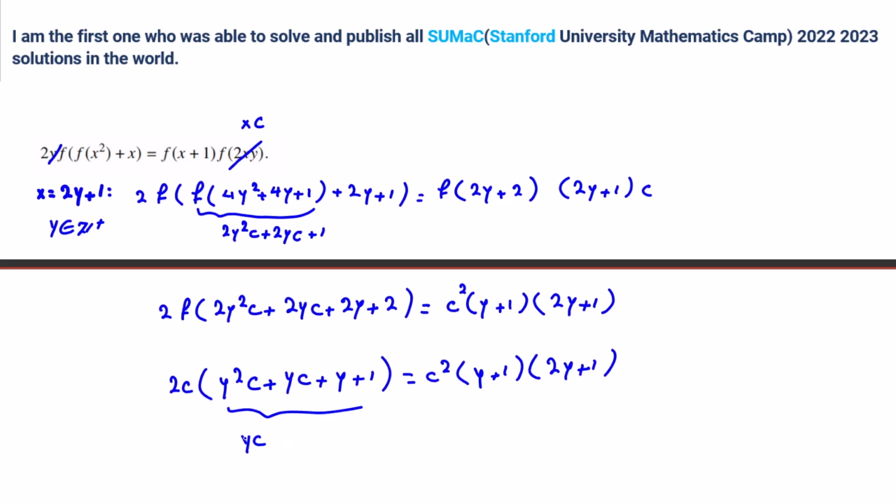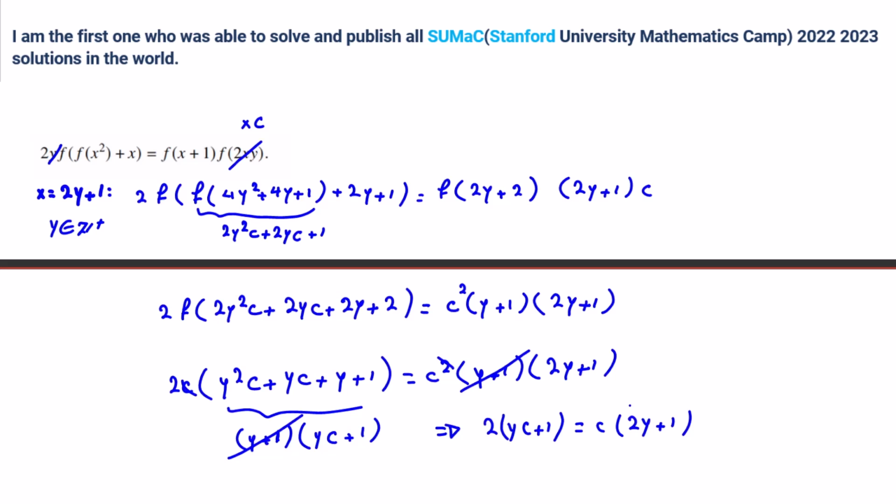So yc plus 1 times y plus 1 times yc... y squared c plus yc plus 1, right? We can cancel y plus 1, we can cancel c, so 2yc plus 1 is equal to c times 2y plus 1, right? Yes, so c equals 2.